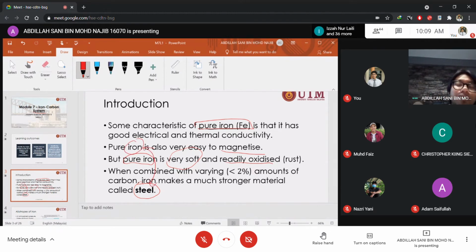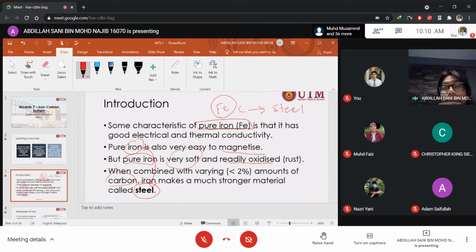Laymen don't really understand the difference between these two words. But for you, future engineers and scientists, it is very important to be able to distinguish these two things. Iron is Fe. This is the iron. And if you introduce some amount of carbon inside, then it becomes steel.